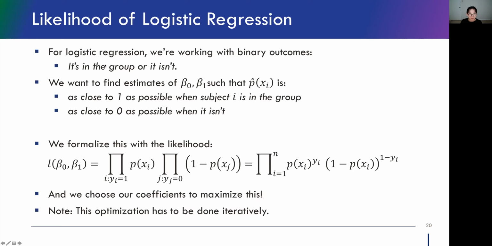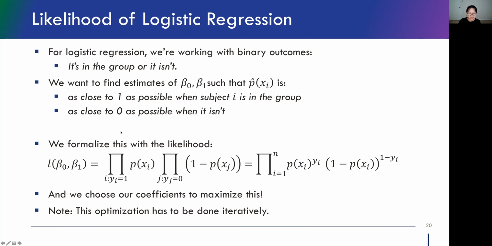Here for logistic regression, we're working with binary outcomes. It's either in the group or it isn't. We want to find the estimates of beta 0 and beta 1 so that this probability is as close to 1 as possible when the subject i is in the group. We want our prediction as close to the truth, right?